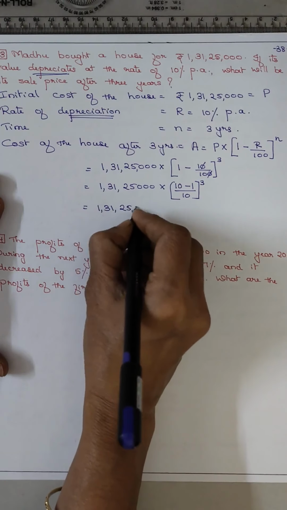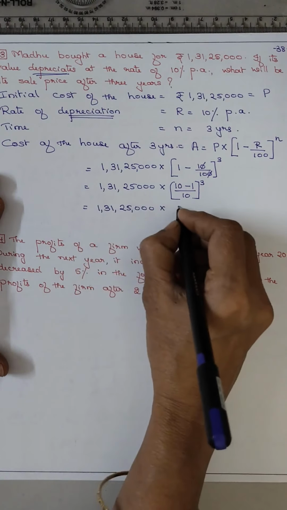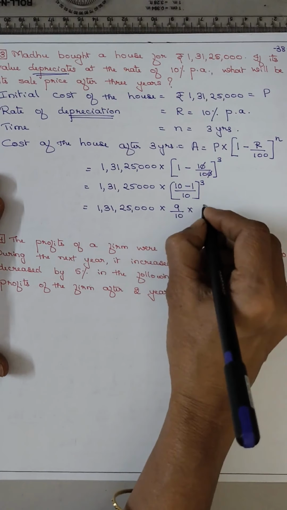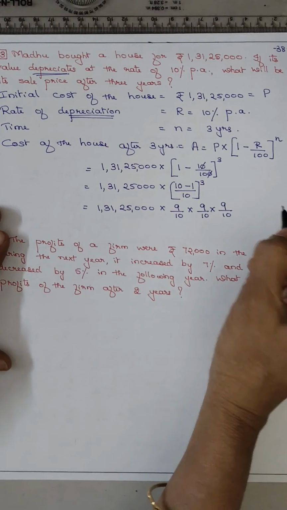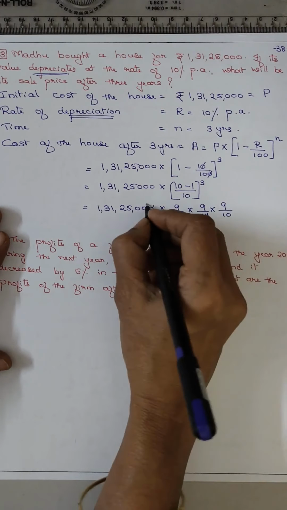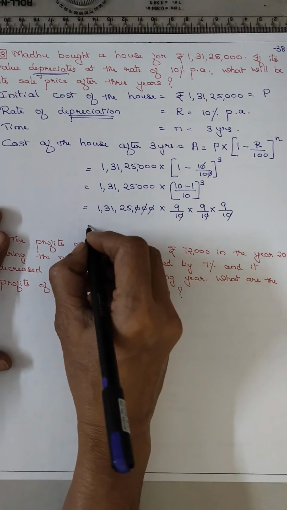It is into 9 upon 10 into 9 upon 10 into 9 upon 10. The 0s get cancelled.